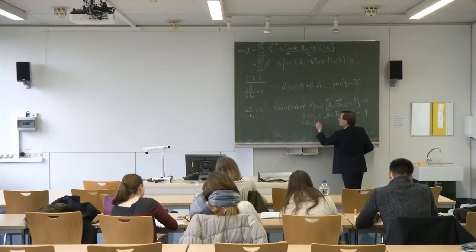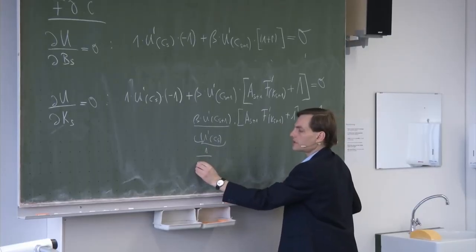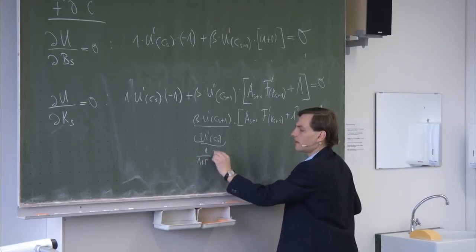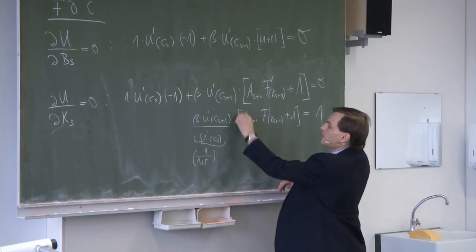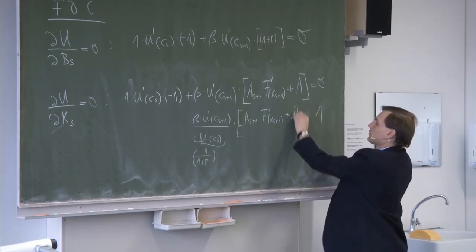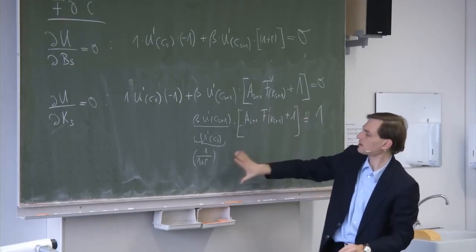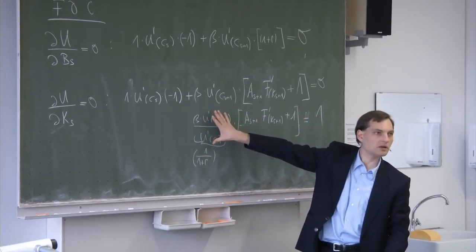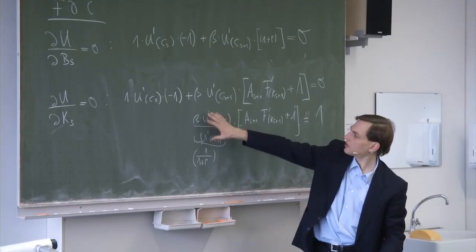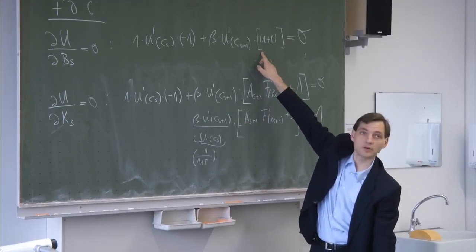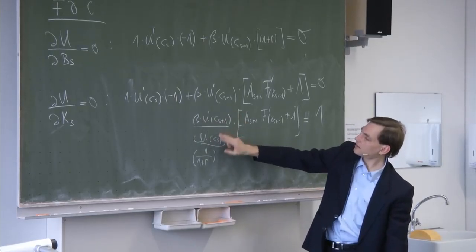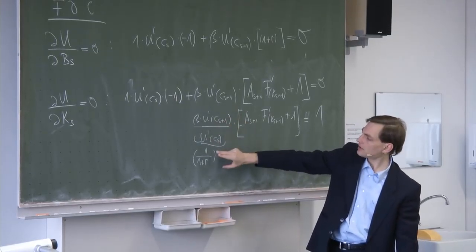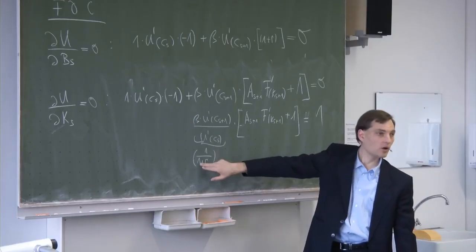And from the Euler condition, we know this term is equal to 1 over 1 plus r. So for this term in front of this bracket, I can substitute 1 over 1 plus r. When you look back at what we did earlier, we have seen that the intertemporal marginal rate of substitution is equal to the price ratio, which was 1 over 1 plus r.